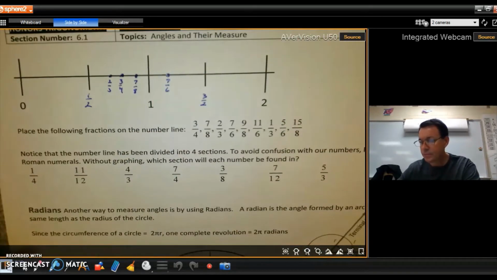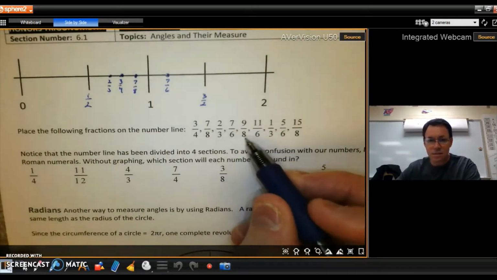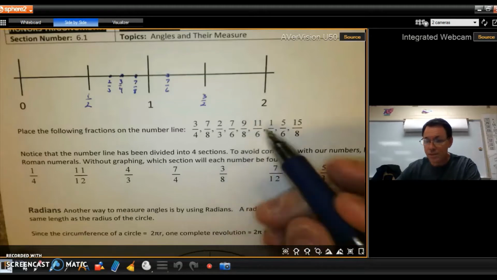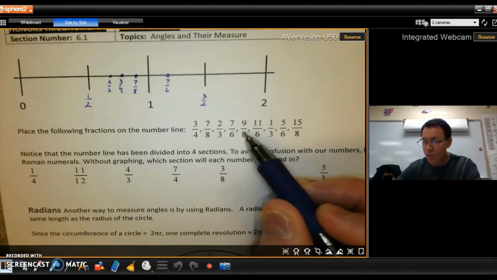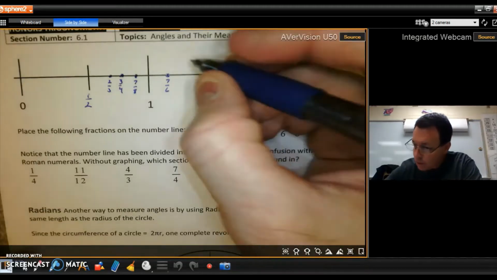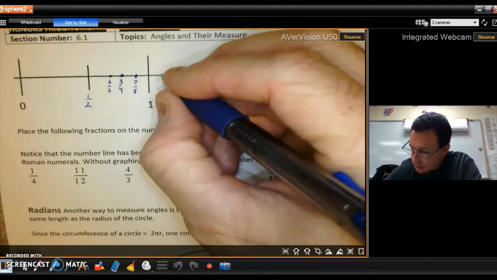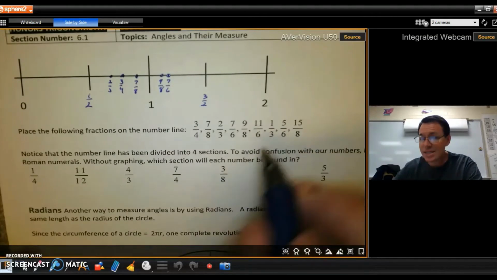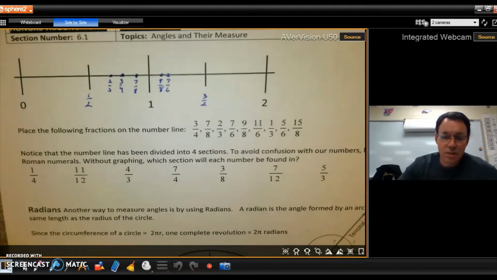7/6. Okay, 9/8 should be right next to that. 9/8, again, is bigger than 1. This is like 1 and then 1/8. So maybe here. 9/8. Now 11/6.